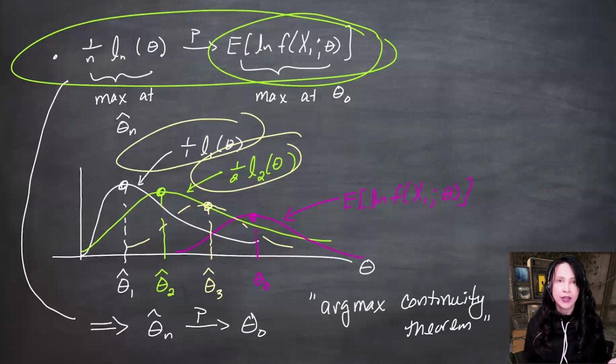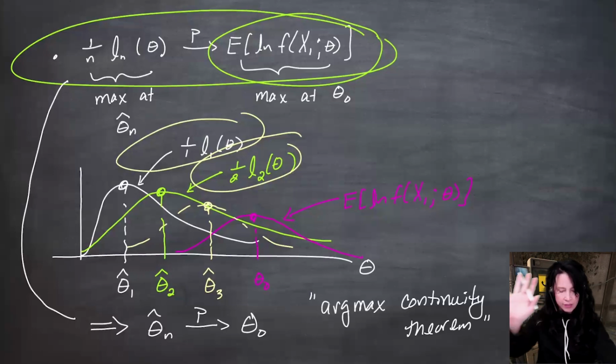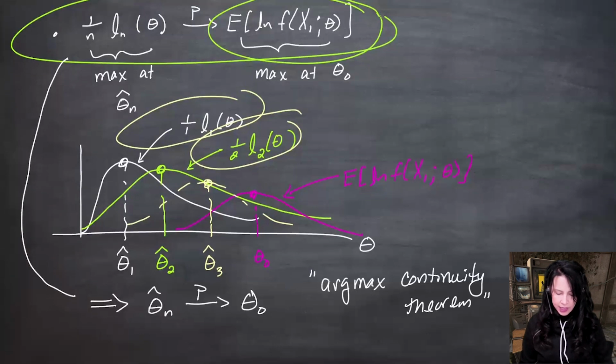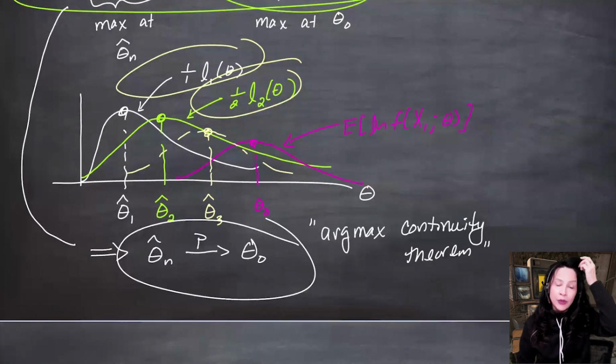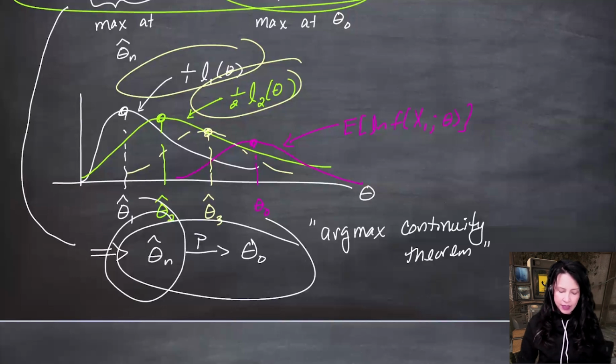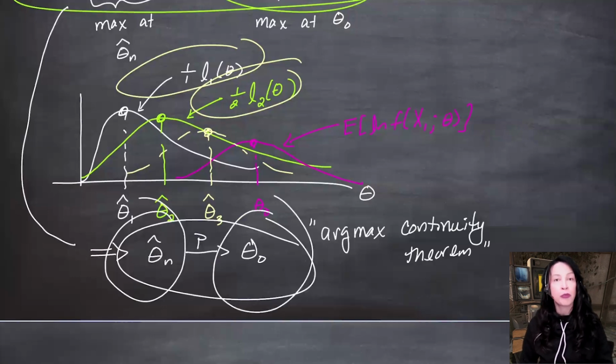If you draw really strange pathological functions, you might not get this result that the maximums converge to the maximum, but you will for most likelihoods. Waving hands. This is what we wanted to show. So if you accept that hand wavy part, we are done with the proof of property 2 for MLEs. We have shown that our sequence of MLEs converge in probability to the true parameter that generated the data, capital X1 through capital Xn.